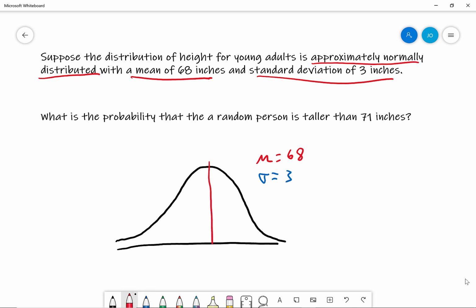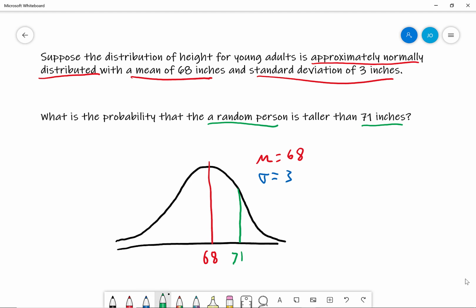And so what we're trying to find is how likely is it that a random person is taller than 71 inches. So this is problems that we actually already uncovered. We already kind of went over situations like this, where we're a full number of standard deviations away, right?